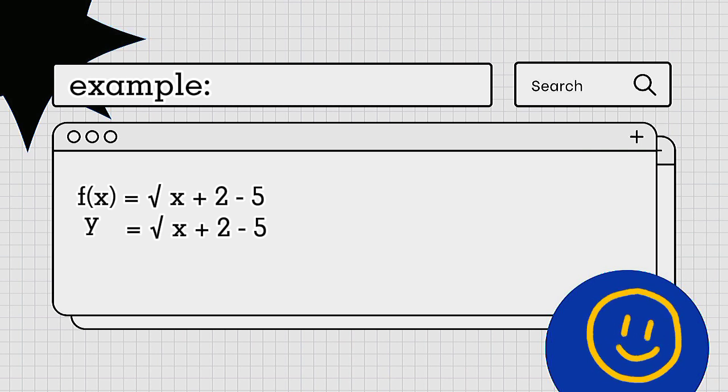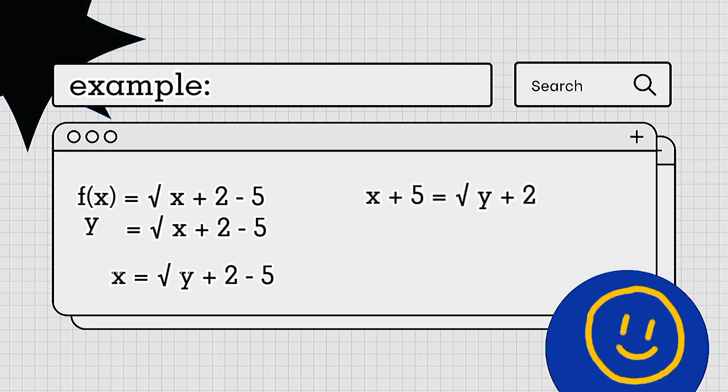Transpose x with y, so the steps are going to be the same. So we have x equals the square root of y plus 2 minus 5. Next, solve for y, so let's transpose 5 to the left side. So we're going to have x plus 5 equals the square root of y plus 2.